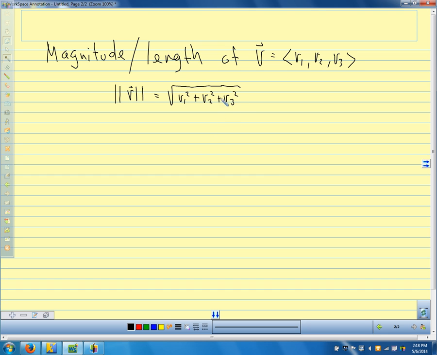Exactly the same as we did in the plane, we just didn't have this third component here. A unit vector. And by unit vector, again, we mean a vector with length 1, or magnitude 1. So a unit vector in the direction of v. Remember how we found a unit vector in the same direction as another vector?